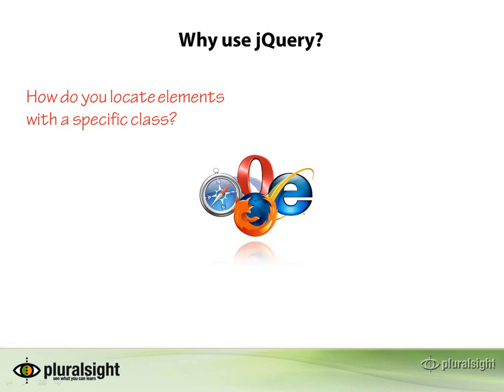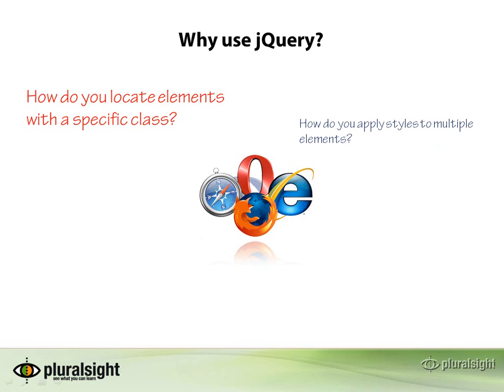So how do you take a div and say, hey, go find all the divs that have a class of foo, let's say? Well, you could do that with custom JavaScript, but you'd have to loop through all the DOM elements, find the divs, write an if statement as you're looping to check the class, and then write code to manipulate it, and then you have to worry about cross-browser. With jQuery, you can do something like that with a very small single line of code. It's very, very simple once you know the fundamentals.